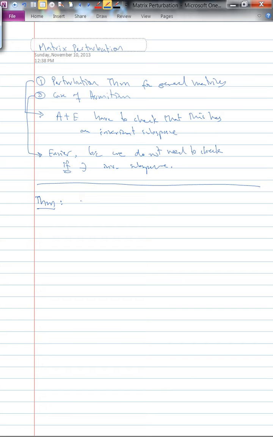Suppose, as before, that we have a matrix A, and we have an orthonormal basis, x1 expanded by y2, and now I'm going to assume that x1 defines an invariant subspace. So the range of x1 is A invariant.